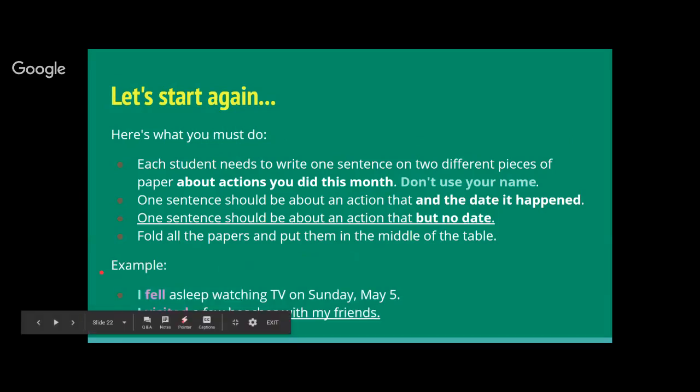All right, so we can take a look at my examples here. As I said, don't use your name. So you're going to want to use something like I, right? Because you're not using your name. So I fell asleep watching TV on Sunday, May 5th. And in this example, I use Sunday, May 5th.